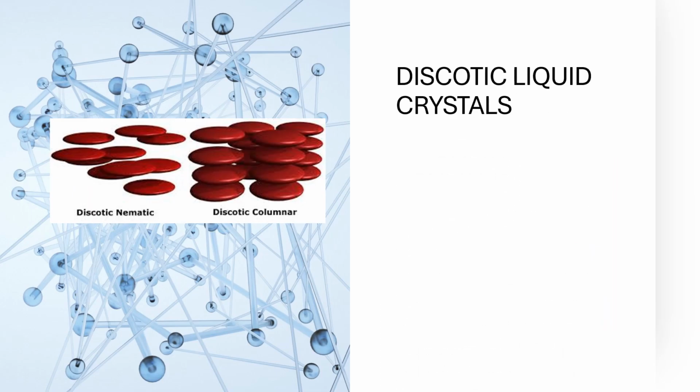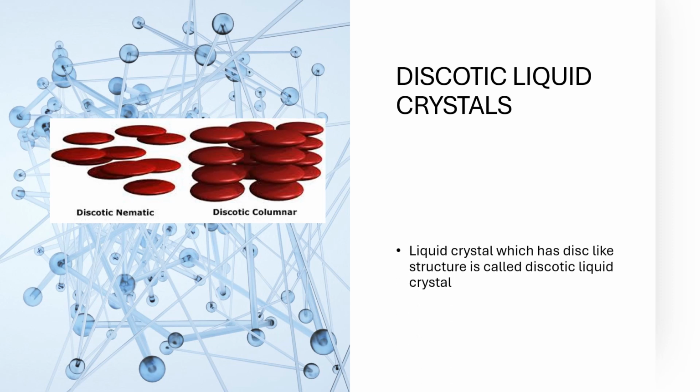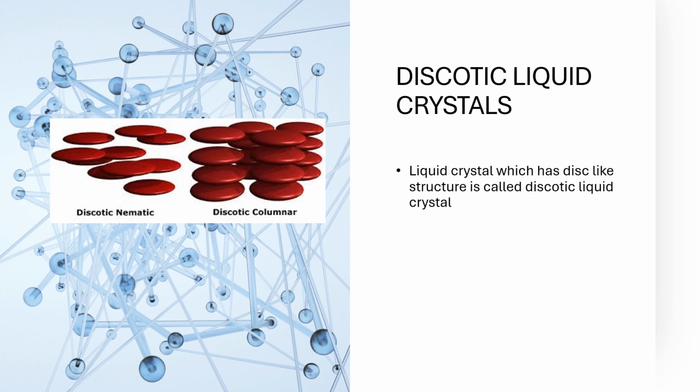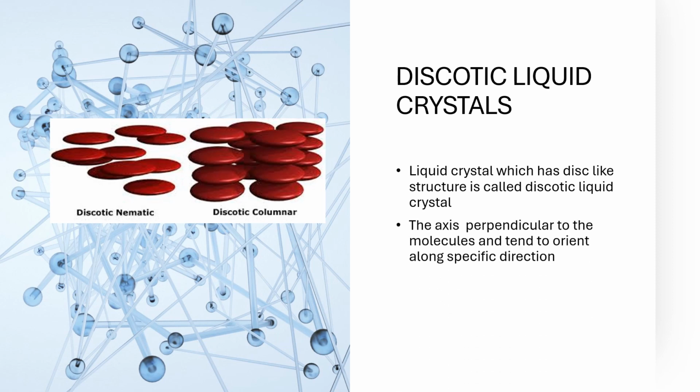Another type is discotic liquid crystals. A liquid crystal which has a disc-like structure is called a discotic liquid crystal. The axis is perpendicular to the molecules and they tend to orient along a specific direction.